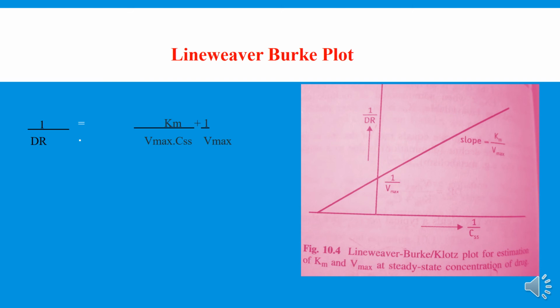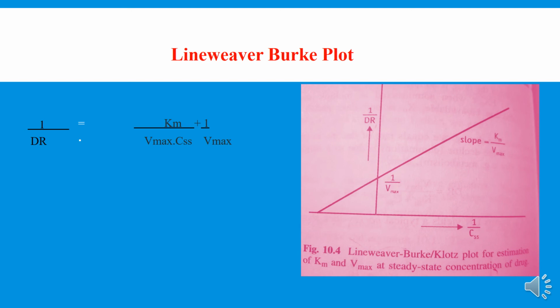Next, we are going to characterize the curve by computing the Km and Vmax in three ways. The first way is with the help of the Lineweaver-Burk plot, otherwise known as the Klotz plot. Here we take the reciprocal of our DR equation. In our previous equation, we studied DR is equal to Vmax into CSS by Km plus CSS.